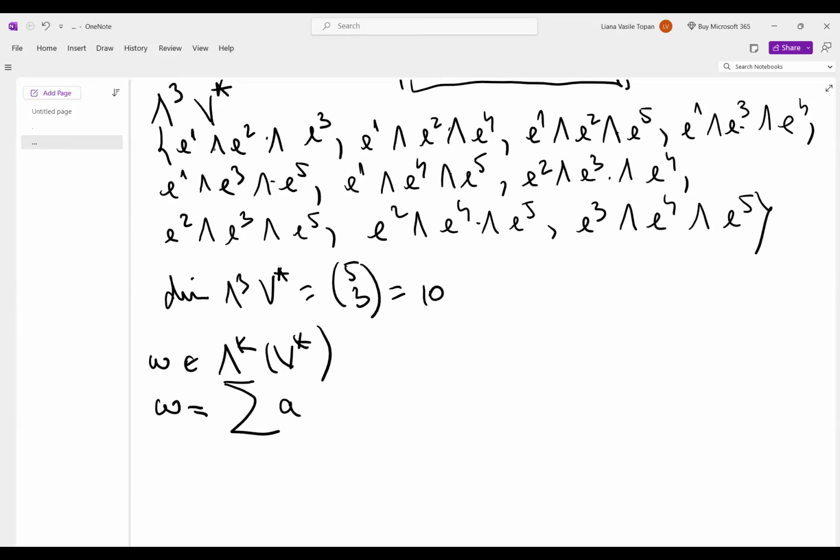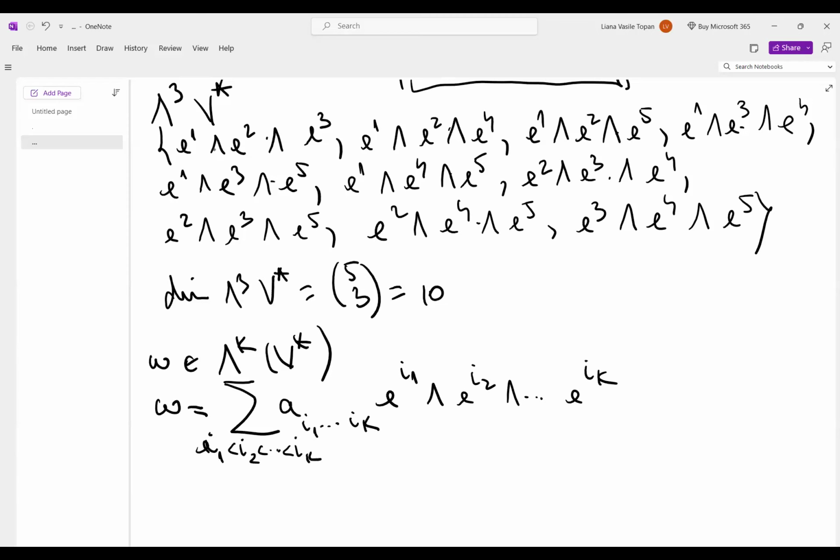So it will be of the form the sum of A_{I1...IK}, these coefficients being smooth functions, times E^{I1} wedge E^{I2} wedge ... wedge E^{IK}, where this is a strictly increasing sequence, I1 smaller than I2, smaller than IK, okay?